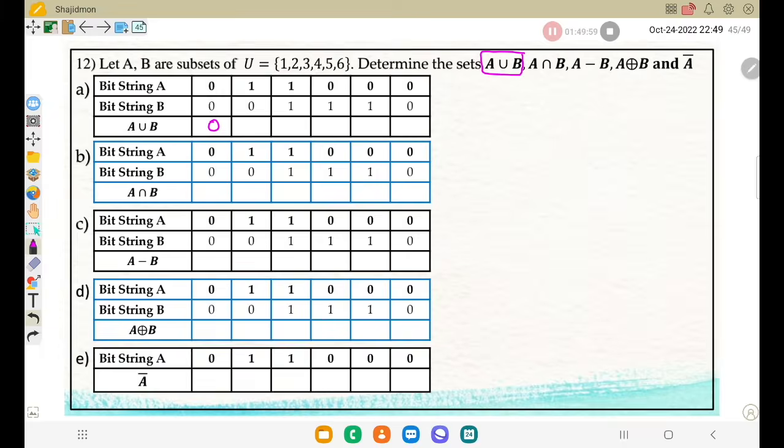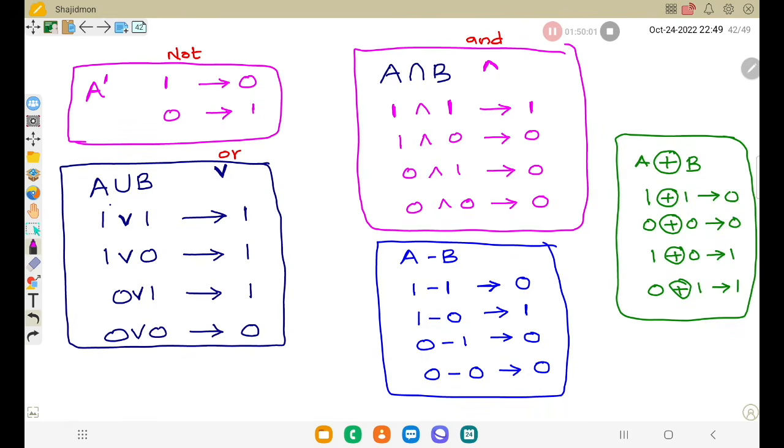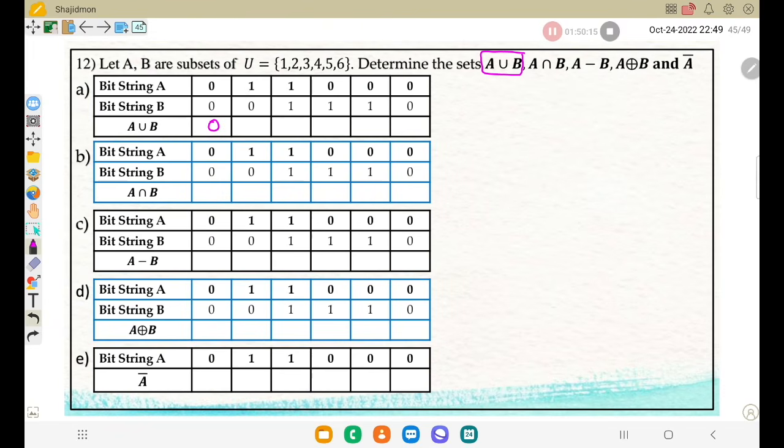We already discussed this OR table: 1 or 1 is 1, 1 or 0 is 1, 0 or 1 is 1, and 0 or 0 is only 0.